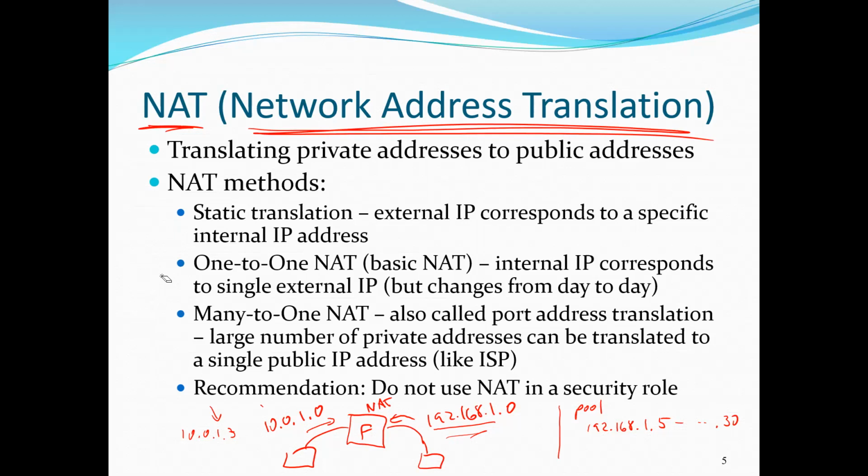So if you think about it, you might disagree with me, but if you're AT&T or Verizon, and you want to keep track of people and what they're viewing, what they're searching, so that you can advertise for them better, you kind of give them a fixed IP. And so that way it's kind of static.